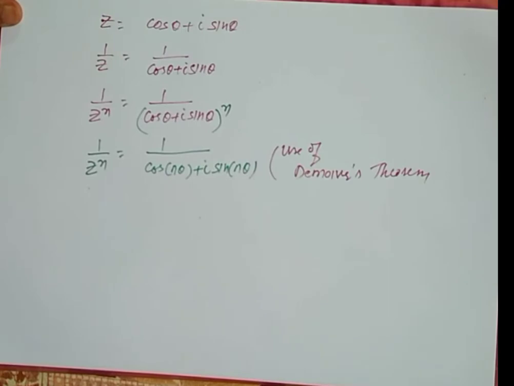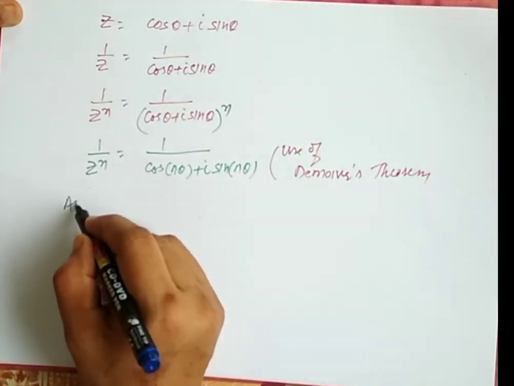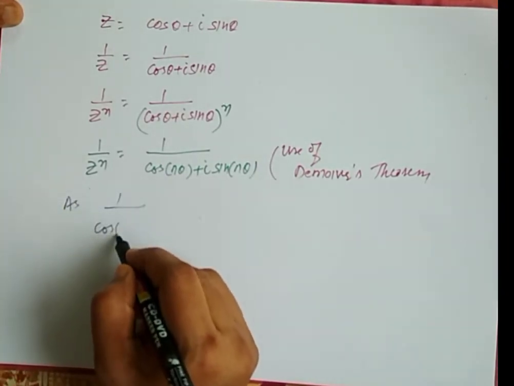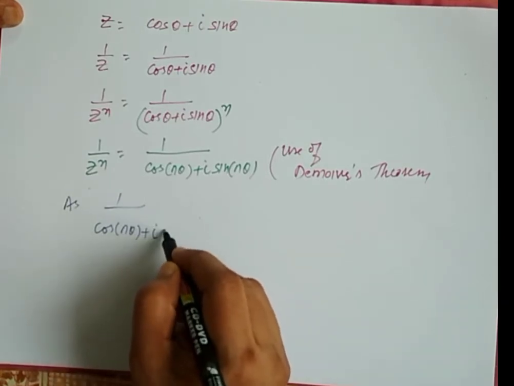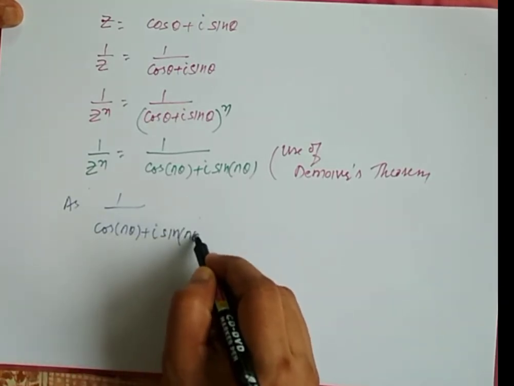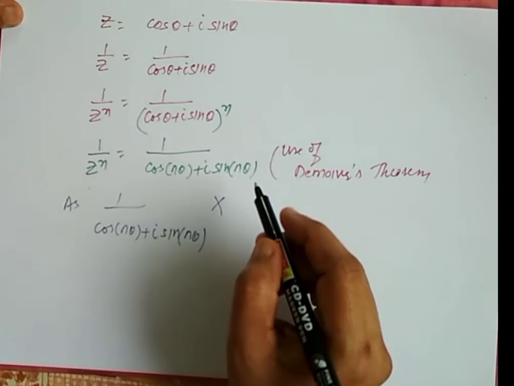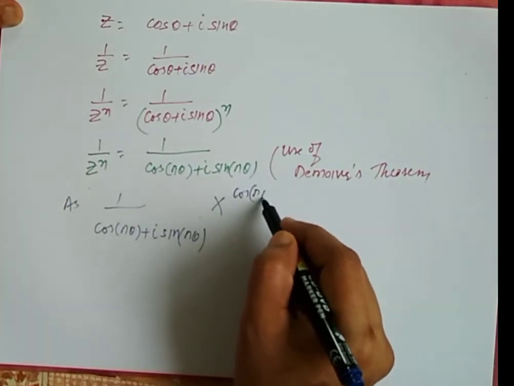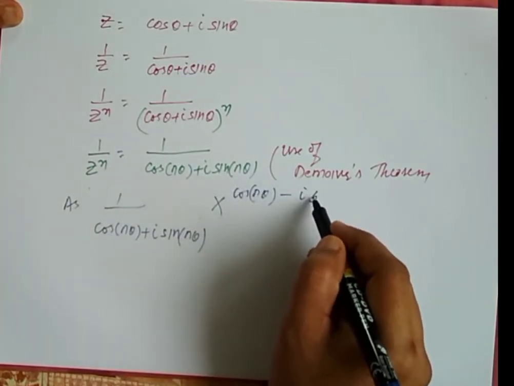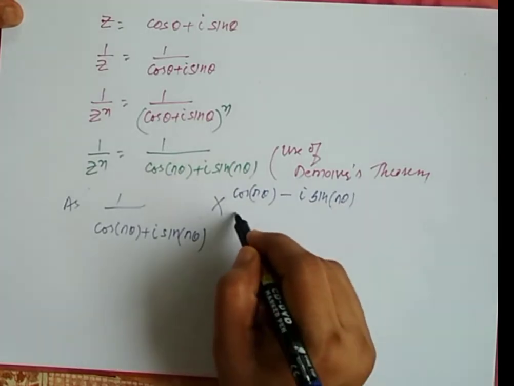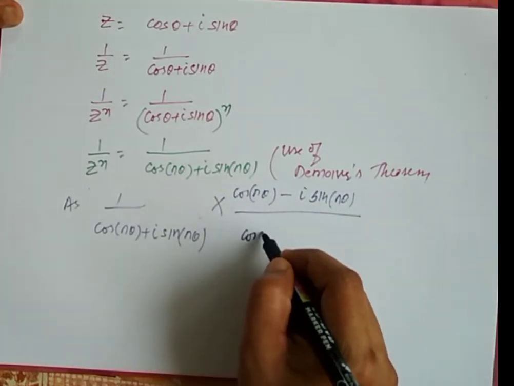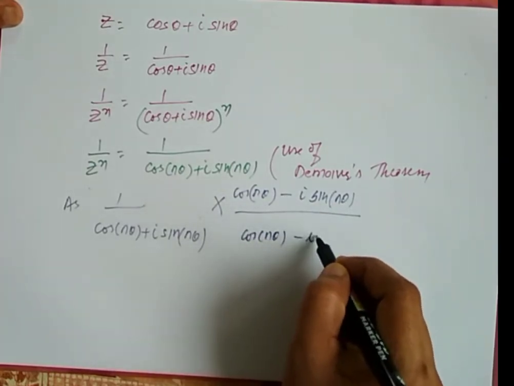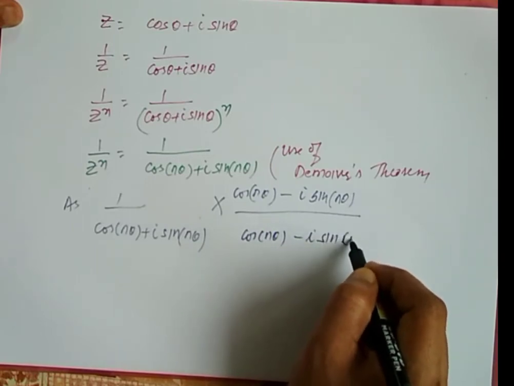Let us try to solve it further, 1 upon cos of n theta plus i sin n theta. Let us rationalize it. Multiply by cos of n theta minus i sin of n theta upon cos of n theta minus i sin of n theta.